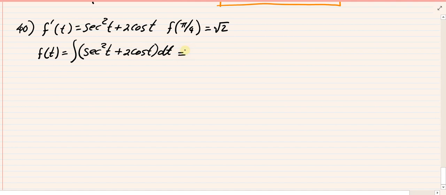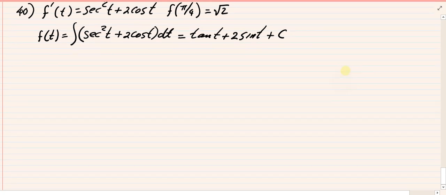And remember, the integral of a sum is the sum of the integrals. So first we have to evaluate the integral of secant squared. That's going to be tangent, plus twice the integral of cosine, which is going to be sine, plus a constant. Again, at this point, we have a family of antiderivatives.